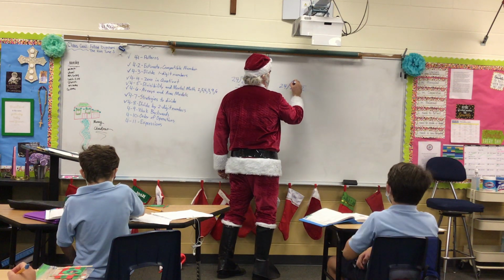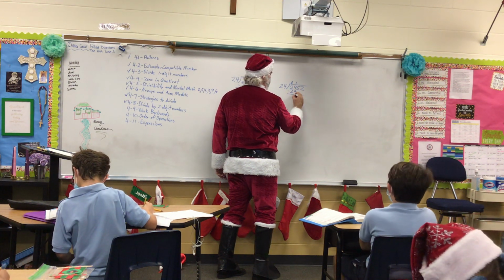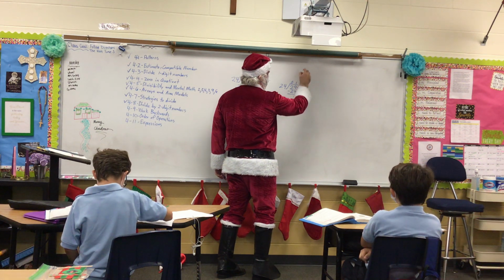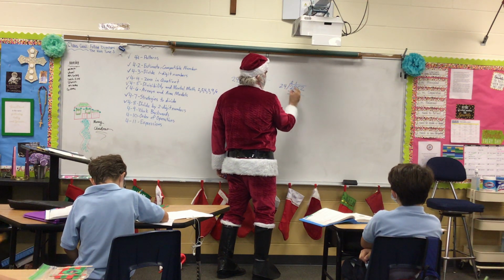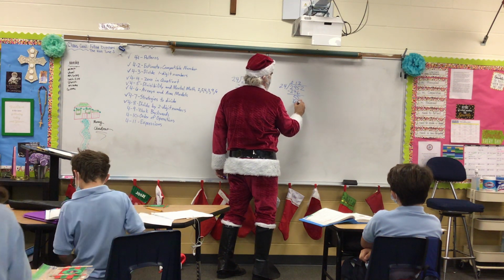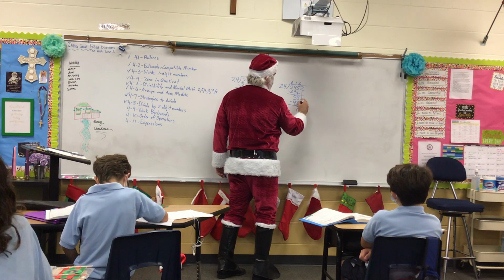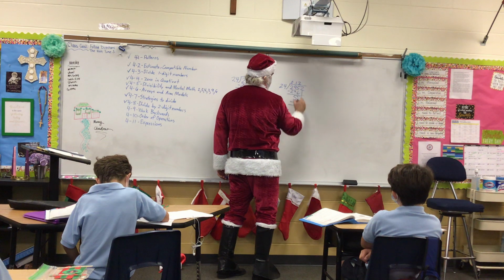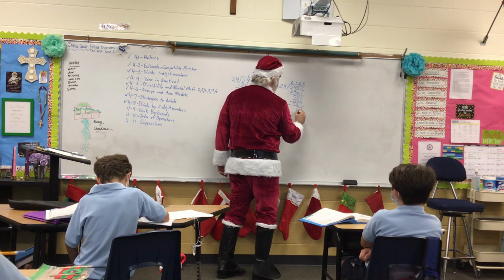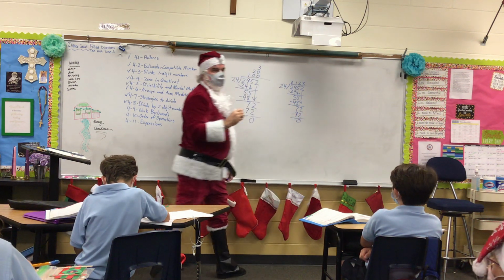24 goes into 29 one time. Subtract. You end up with 5. Bring down the 5. And I don't put the zeros and go up. 24 goes into 55 2 times, which is 48. Subtract, you get 7. Bring down the 2. 24 goes into 72 3 times. 3 times 24 is 72, and I get a remainder of 0.